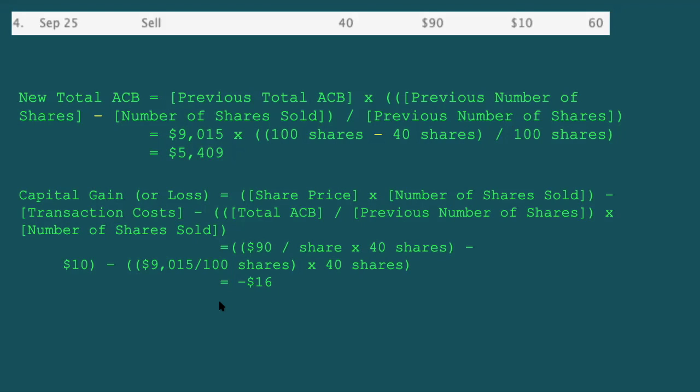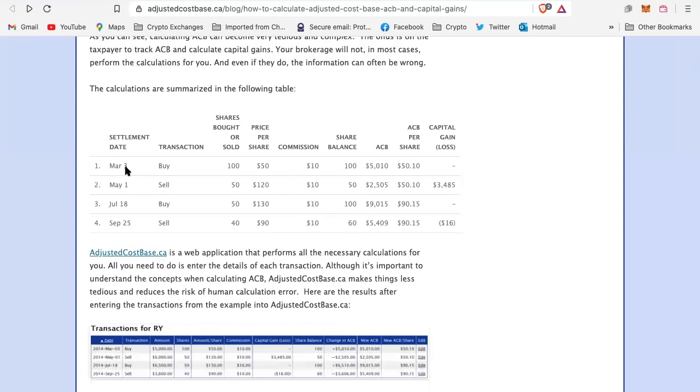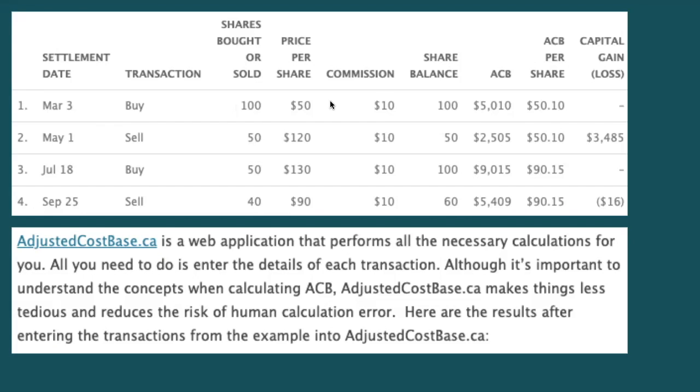So going back to Adjusted Cost Base.ca, a summary of the calculations that we just looked at are here in this table. This time they've included the column of the ACB per share, and any capital gains or losses that happened in these transactions.